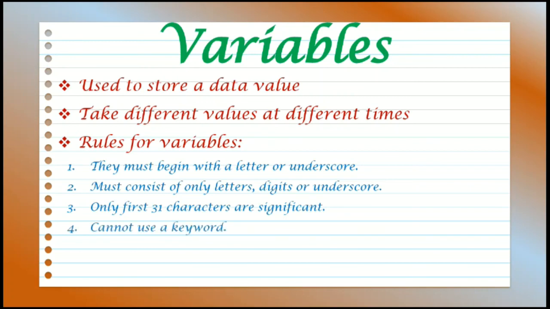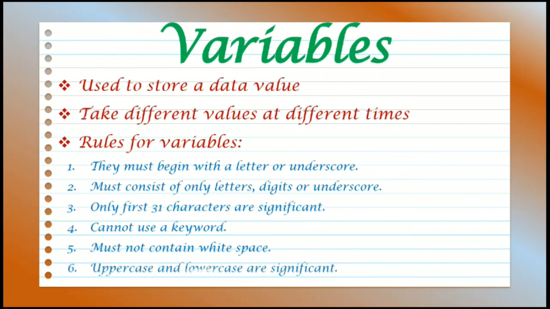Fourth one, cannot use a keyword while creating the variable. Fifth one, must not contain white space. Sixth one, uppercase and lowercase are significant. That is, the variable total is not the same as Total or TOTAL in capital.